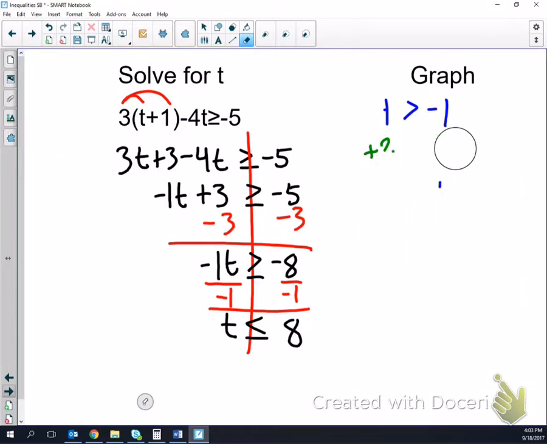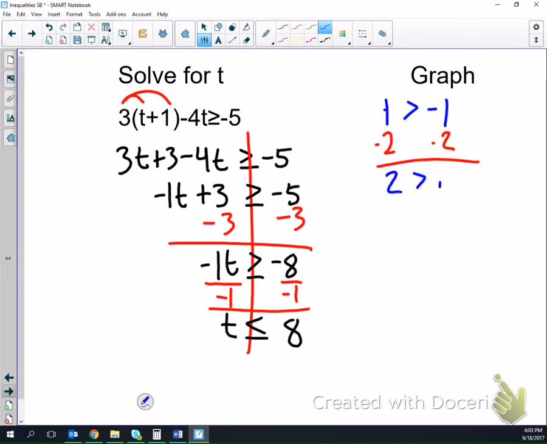So what if we try multiplying? If I multiply by 2, I get 2 is greater than -2. Well, that's still true.